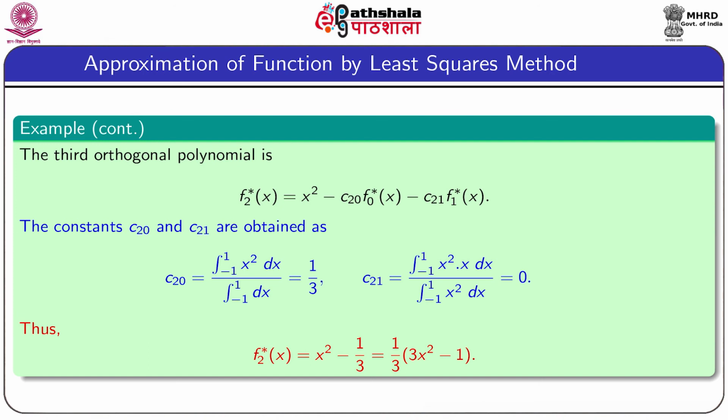It is also equal to 0 because the integrand in the numerator is an odd function. Thus, the third orthogonal polynomial f2 star x equal to x square minus 1/3, which is equal to 1/3 into 3x square minus 1.